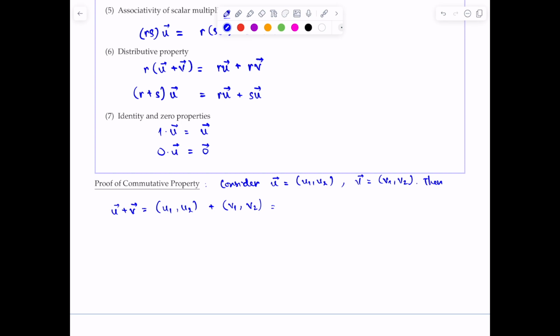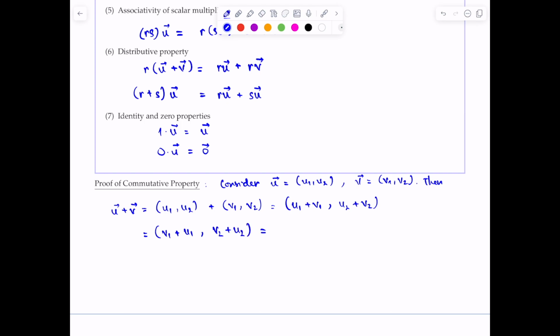For vector addition, we saw the definition earlier. To get the first entry, you just add u1 and v1 together, and for the second entry, you add u2 and v2 together. So (u1 plus v1, u2 plus v2). And because in regular addition, u1 plus v1 is equal to v1 plus u1, I'm going to rewrite that as v1 plus u1, and u2 plus v2 is equivalent to v2 plus u2.